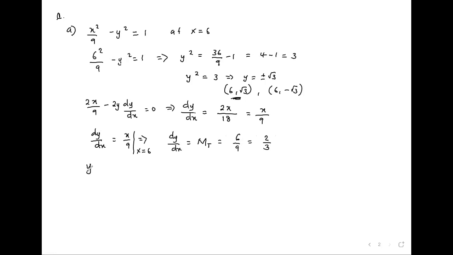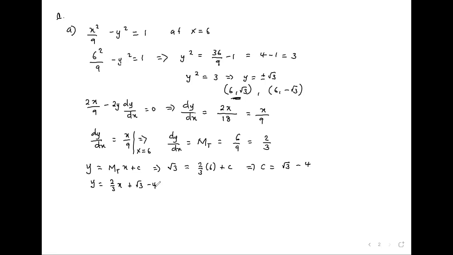So the tangent line y is equal to mt x plus c will be given by, you got the point, root 3 is equal to 2 over 3 multiplied by 6 plus c, implying that c is equal to root 3 minus 4. That is the value of c. So y is equal to 2 over 3 x plus root 3 minus 4.